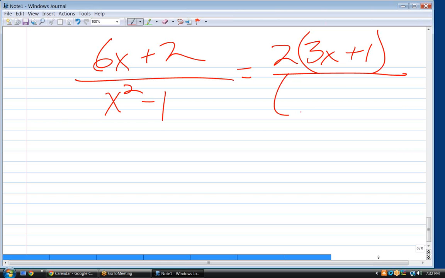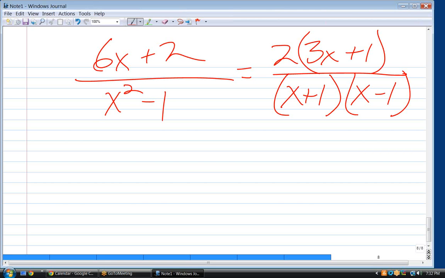It doesn't look like it's going to do much good to factor it, but what's the bottom? x minus 1 times x plus 1. Can't do anything with that. That should be the answer.